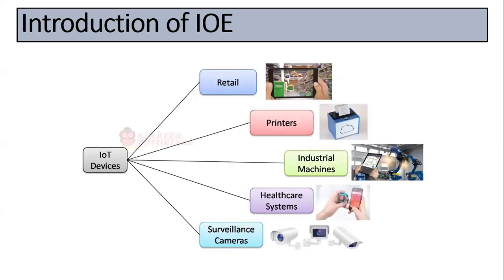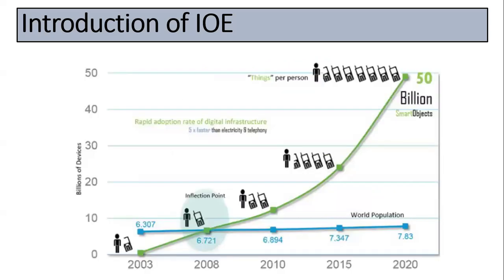Similarly, you can have a retail shop, which again uses IoT devices, printers, then industrial machines, healthcare systems, then surveillance cameras are also included under IoT devices. Now these are some devices which are being implemented and which are called IoT devices.